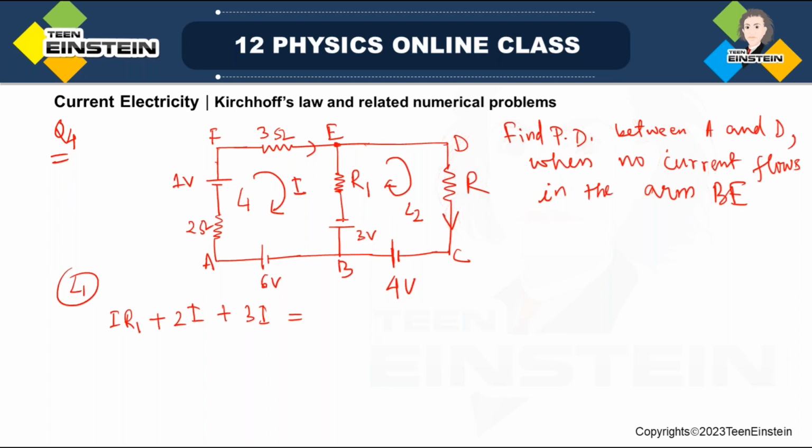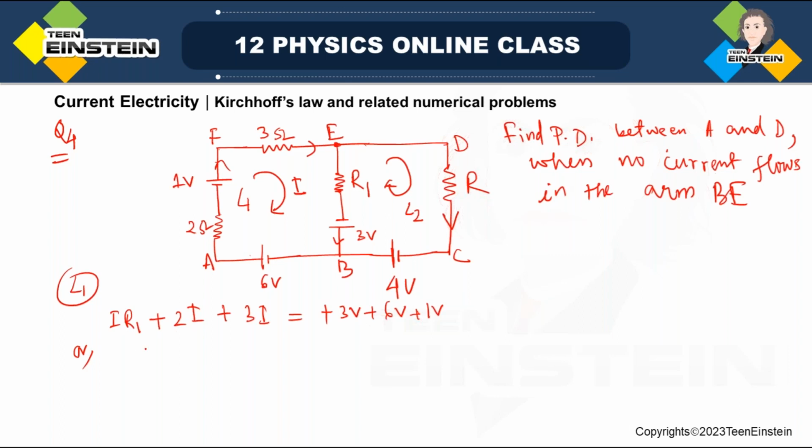This is equal to, the current I have taken this way, so I'll take this 3 minus, here it is, I'm sorry, this is positive. This also will be positive, 6 volt, and this also will be positive.